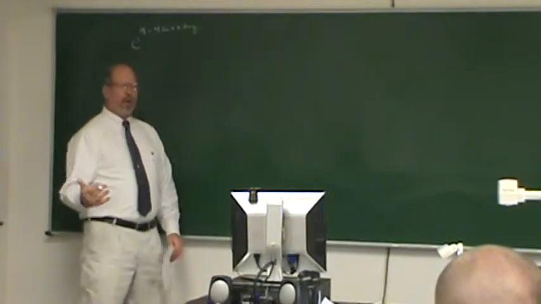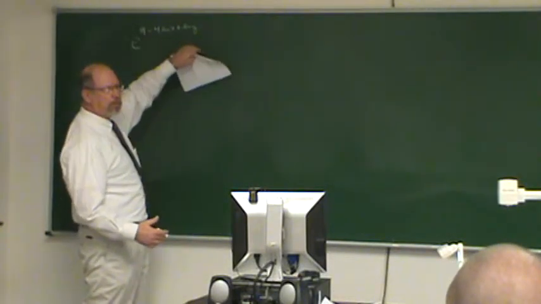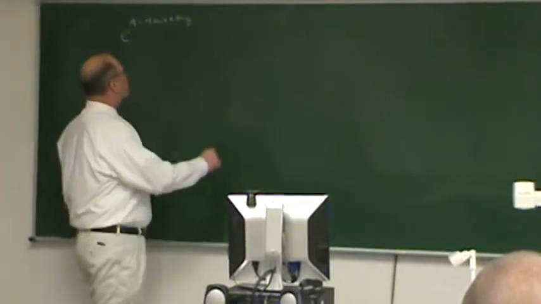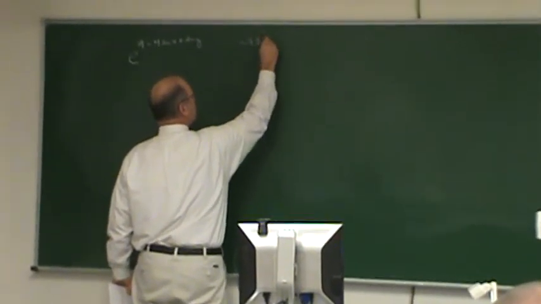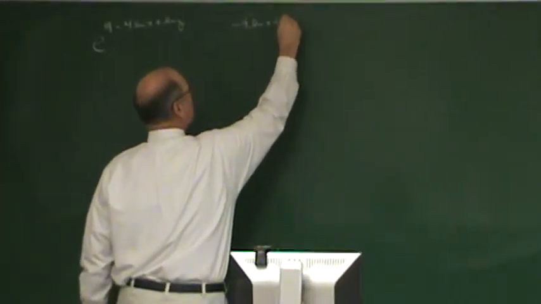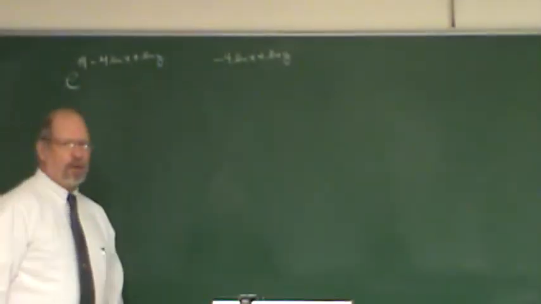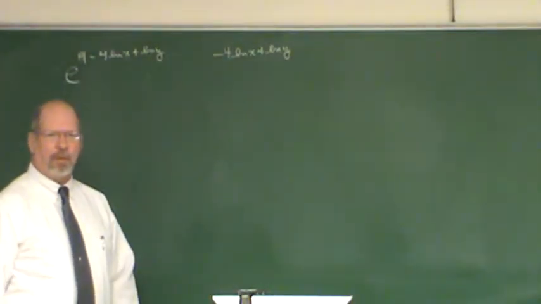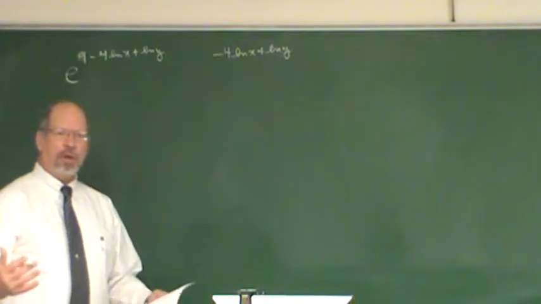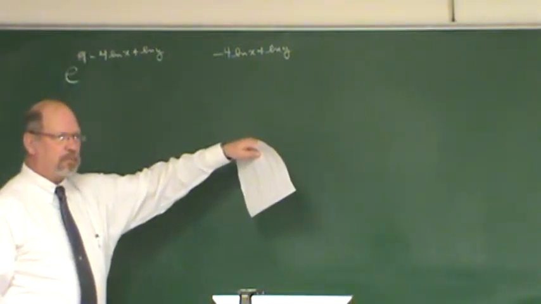Now, to handle this problem, what we need to do is first make this part into a single logarithm. So we're going to talk about negative 4 natural log of x plus natural log of y. We're going to make that into a single logarithm. Okay? If you remember, logarithms have several properties, one of which is that we can make addition into multiplication within the argument, yes?